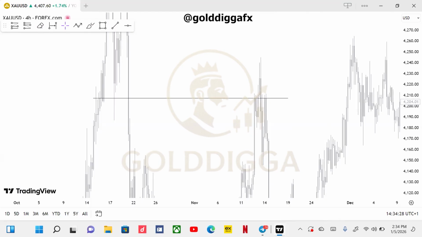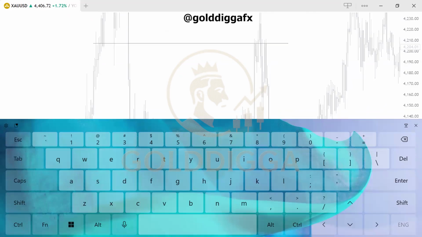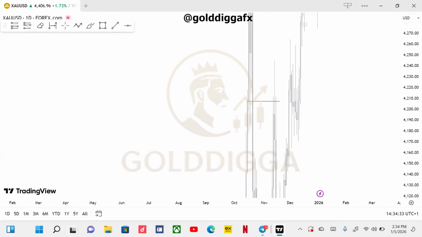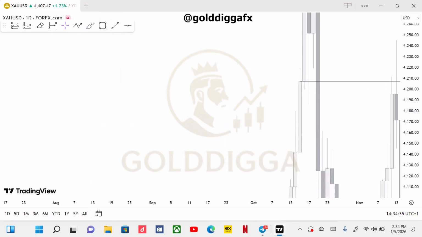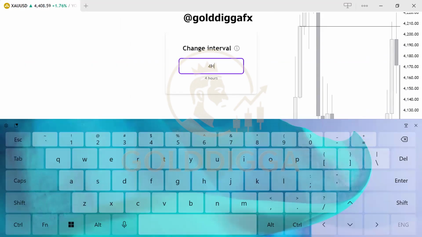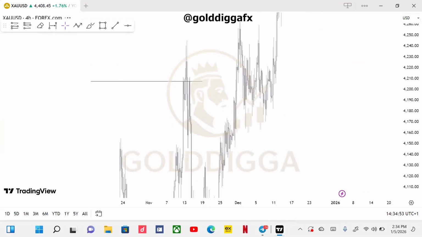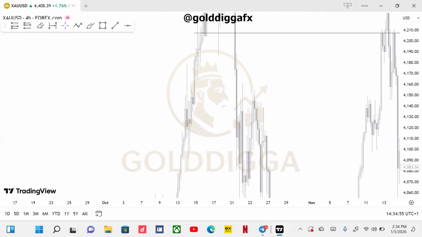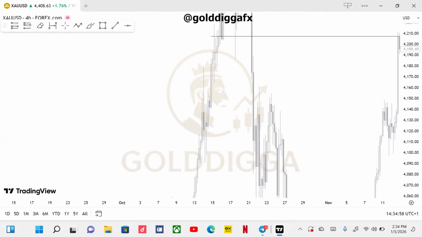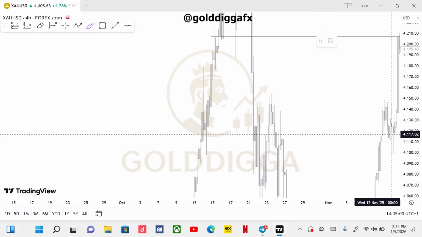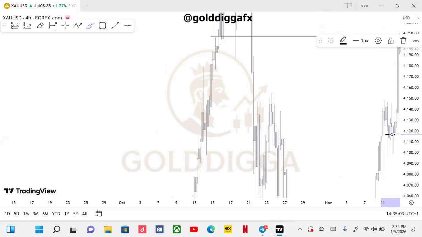So let's go back to the daily. On the daily, like you can see here, after this first rejection, it didn't start a storyline. So because the storyline didn't start from this first rejection, what did price do? We rejected yet again. Now, when we reject again, remember from the first zone, we needed price to break here to confirm a storyline from the first rejection, right?